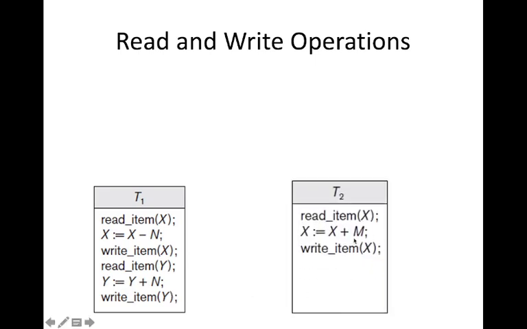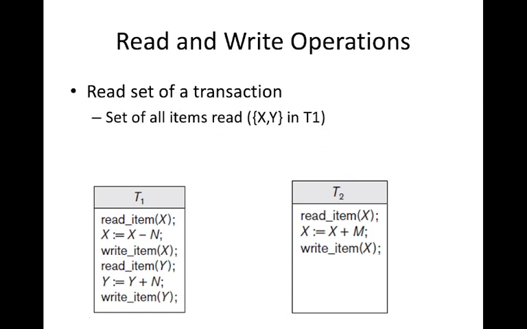This is another transaction. We have read_item(X), and we are incrementing it, X plus M. Then we are writing it back to the hard disk. The read set of a transaction means the set of items that the transaction reads.